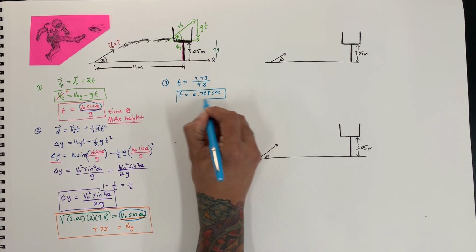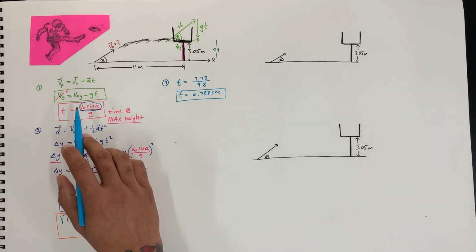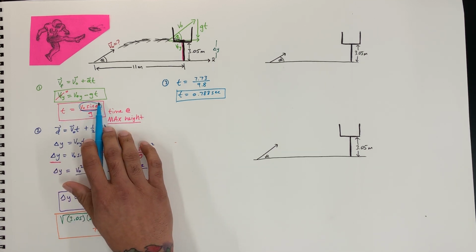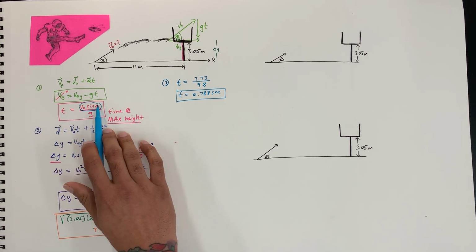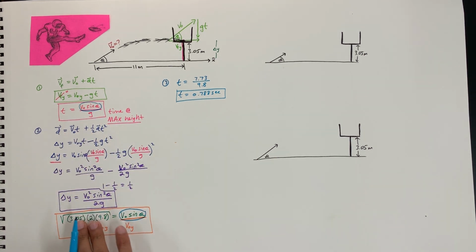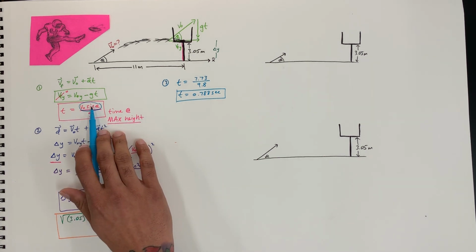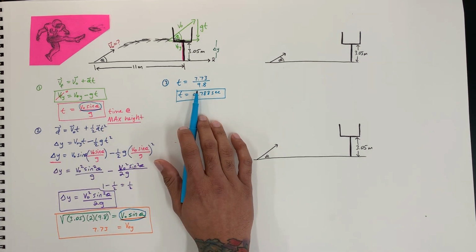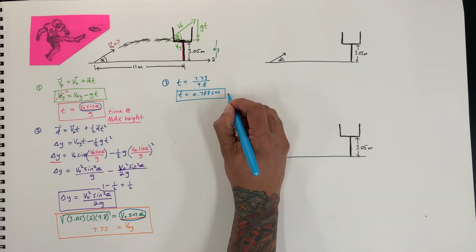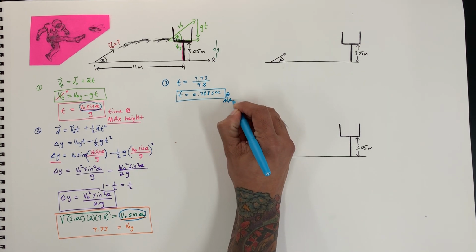So we expressed t max as v naught sine theta over g, and when we solved for our height equation at max height, we remained with the same expression and plugged it back in. And so now we're here. This is the time at max height.